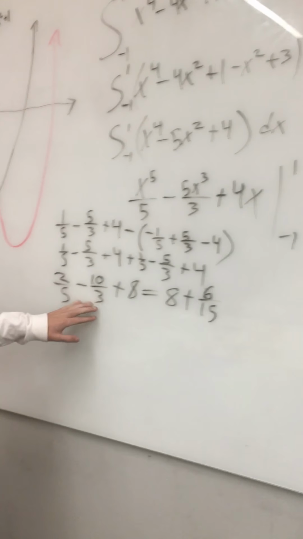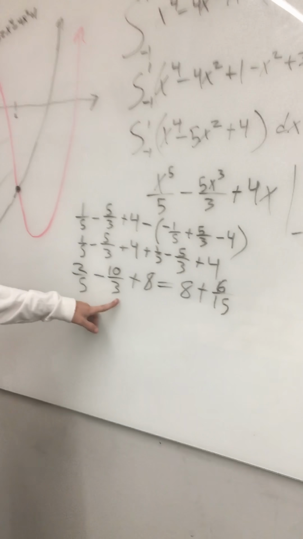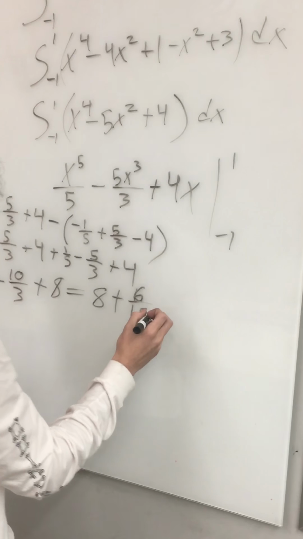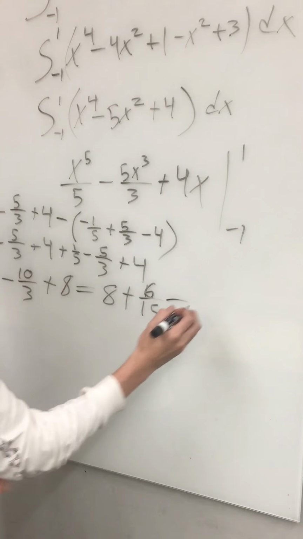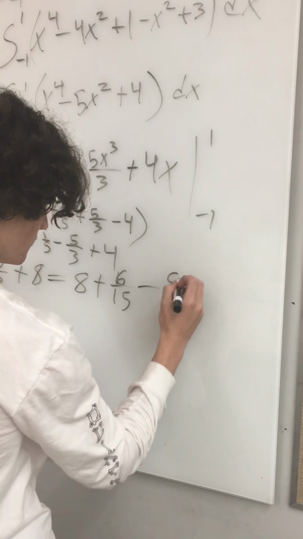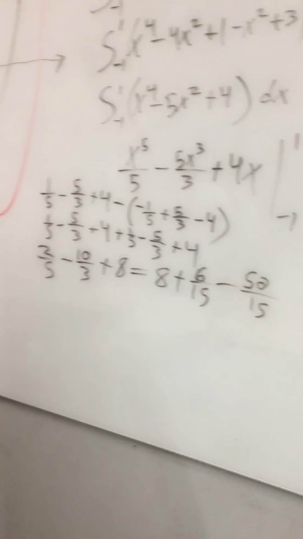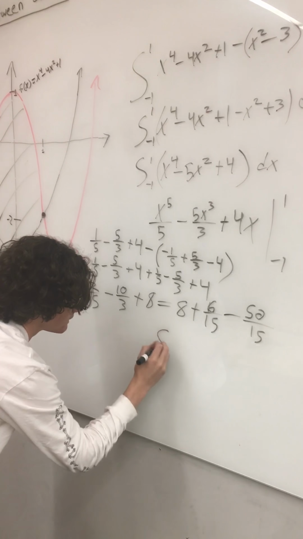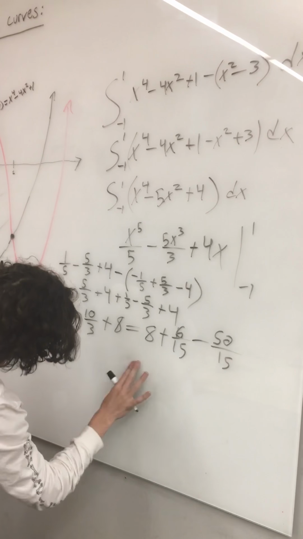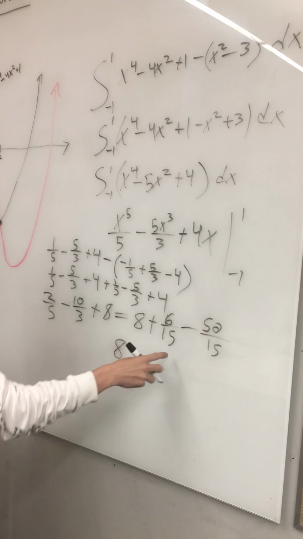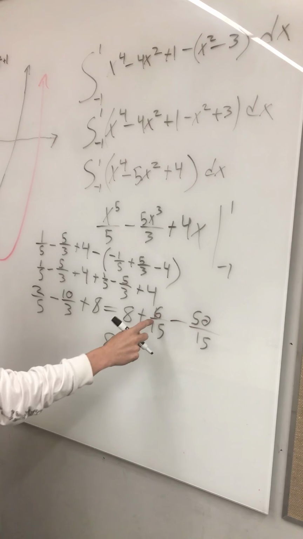And then this will be 5 times 3 is 15. 5 times 10 is 50. So it'll be minus 50 over 15, and then this will become 8, and then you're going to subtract this from this.